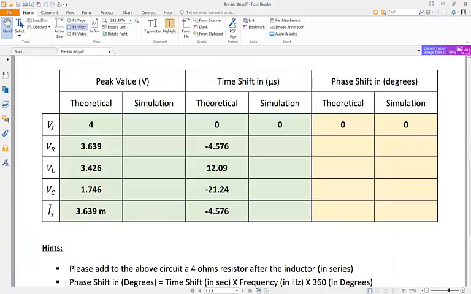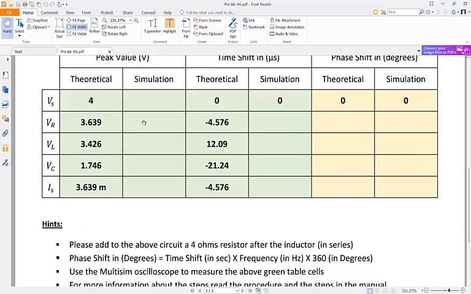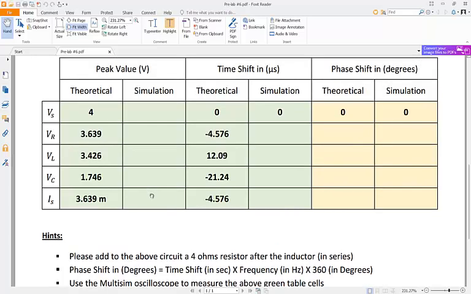For the last line, to calculate I source, from Ohm's law, it will be voltage over the resistor. You are going to divide VR simulation over 1 kilo ohm. It will give you I peak source. And the time shift will be exactly the same as the time shift for VR, and the same phase shift.